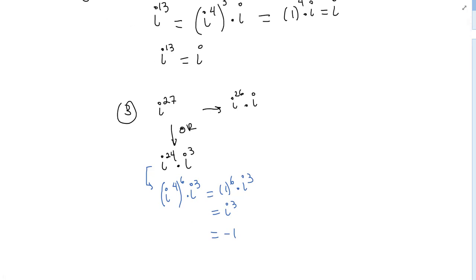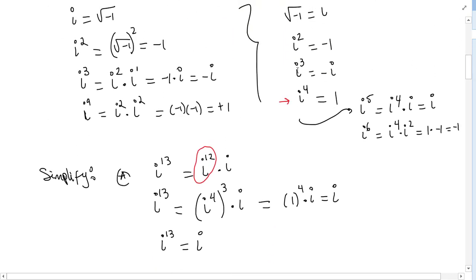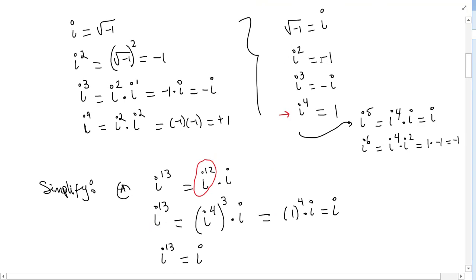Okay, what about the other way? If we go this way, then 26 is not divisible by 4, but it's divisible by 2. So I can use my i squared equals negative 1.